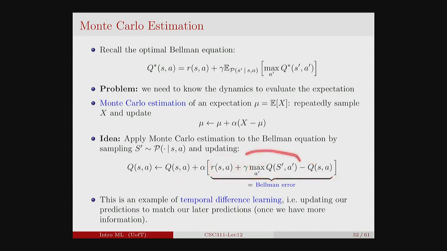So this is what the update would have been marginalized out over all the different possible states S prime that you could take. And this is the state that you actually ended up in. So you would write down the application of the Monte Carlo estimation towards the Bellman equation, and this would enable you to free up the recurrence from its dependence on the dynamics.